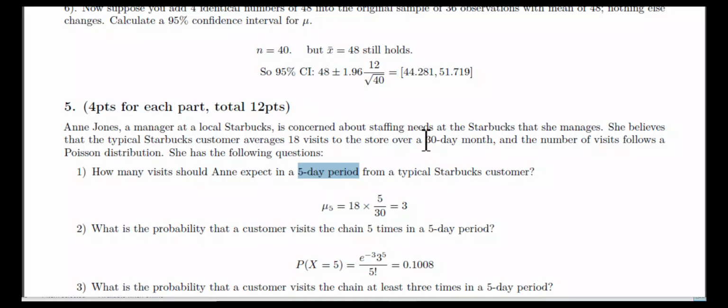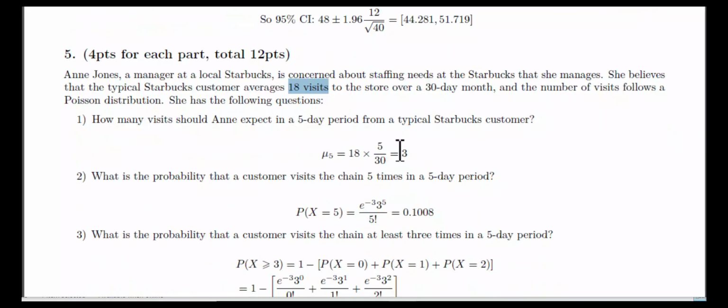We could split this 30-day month into 6 five-day periods. Then the average of 18 visits gets split over the 6 periods also, so each period gets 18 times 1 over 6, which is 3. So 3 is the mean for this new Poisson distribution.